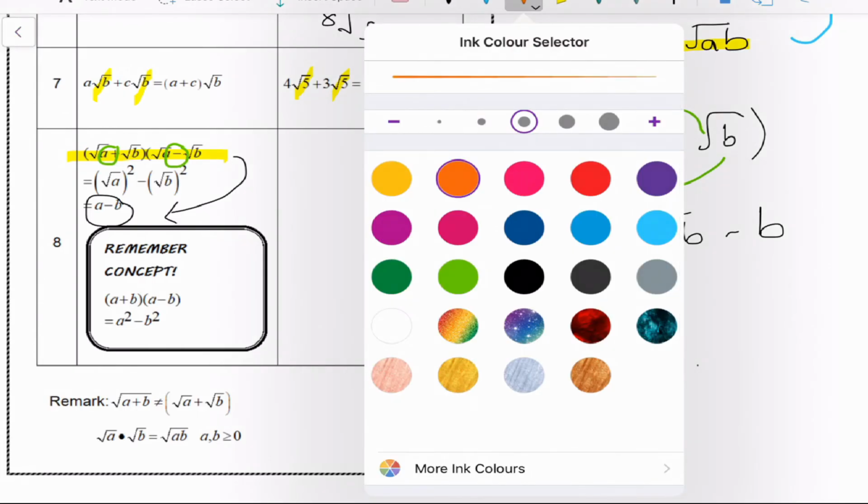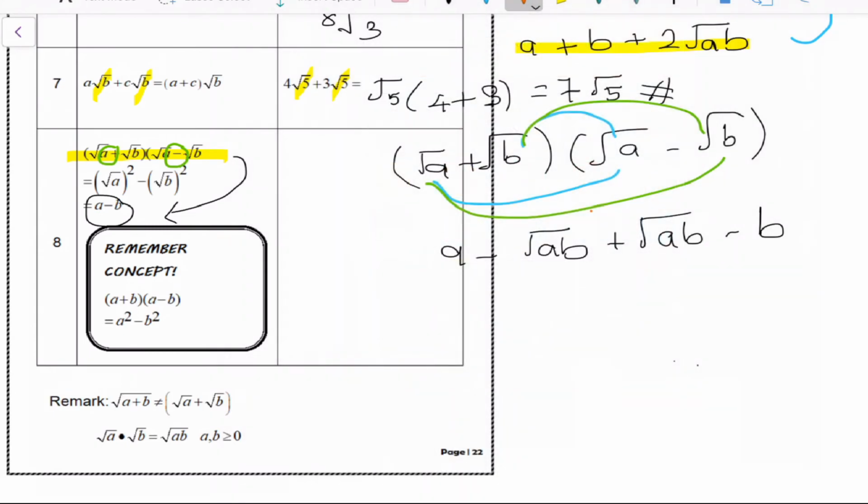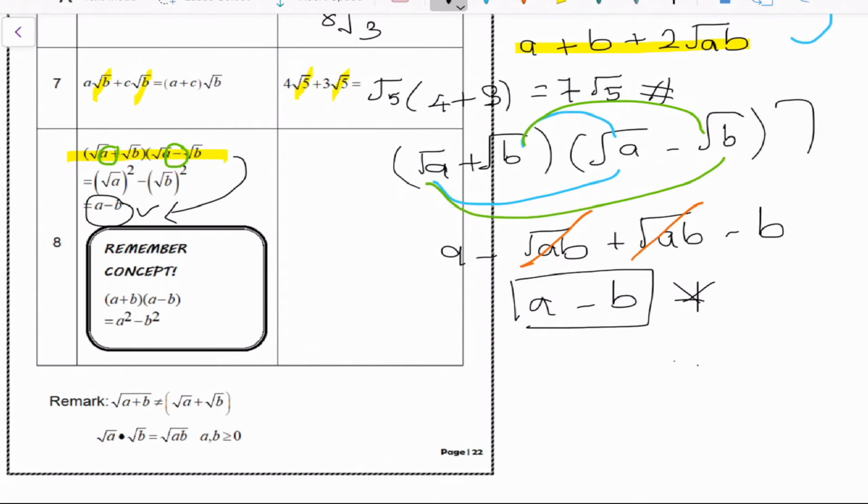Alright, so negative surd AB plus surd AB will cancel each other. So what's left is A minus B. See, I already showed you the calculation. They are the same. So if you remember and understand the rules, you can simply jump to the answer without doing the long calculation.